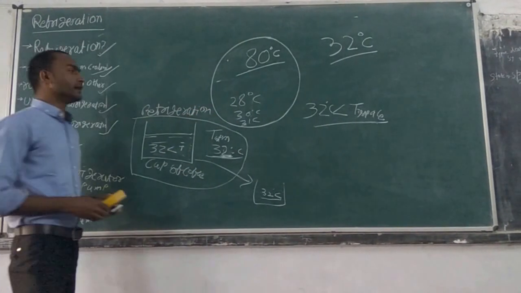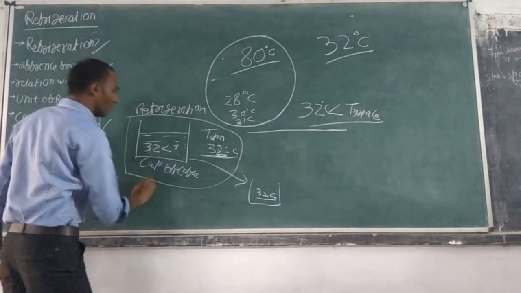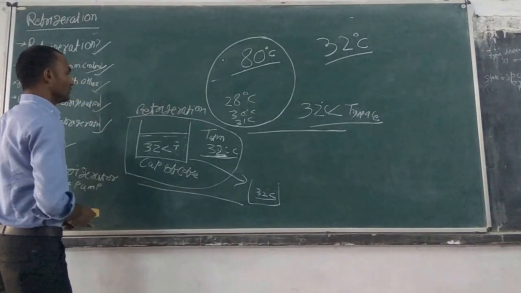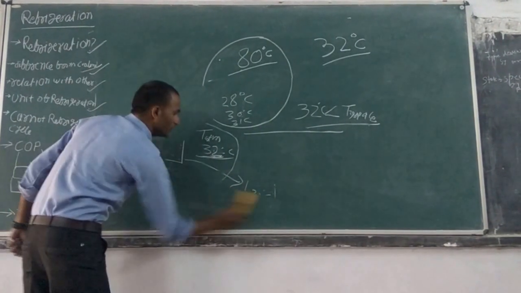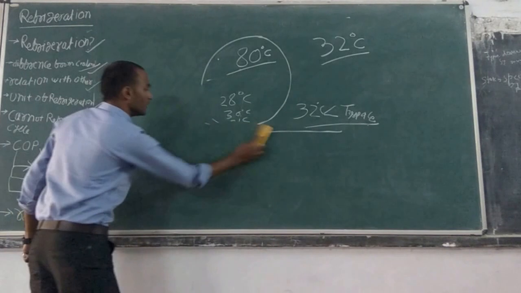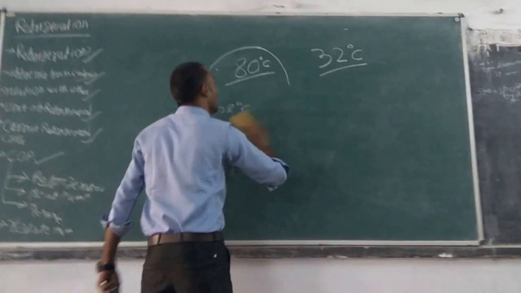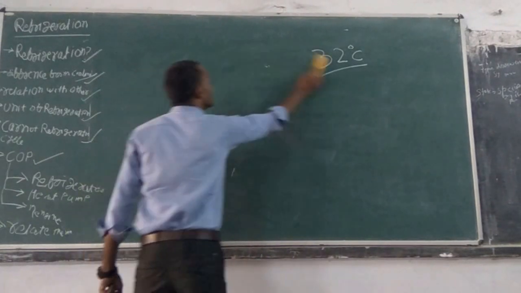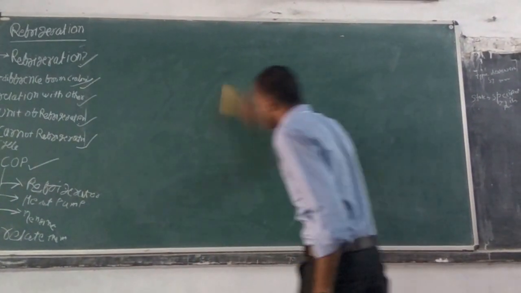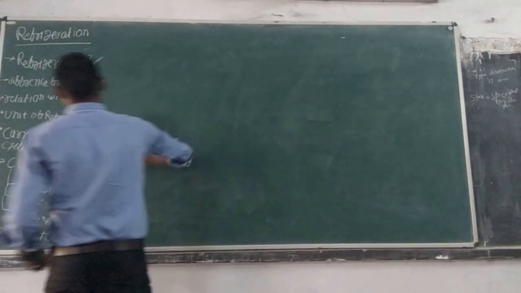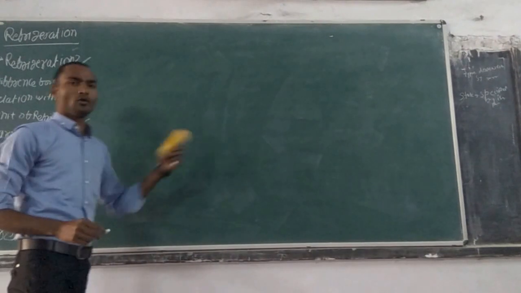Now we understand what refrigeration is and what the cooling process is. So let me revise: refrigeration is nothing but controlling or maintaining the temperature of any predefined space lower than the atmospheric, and cooling is a process of heat transfer from a higher body to a lower body.